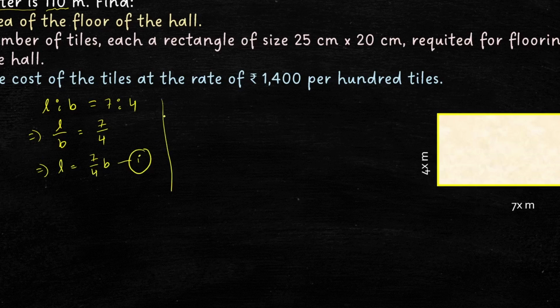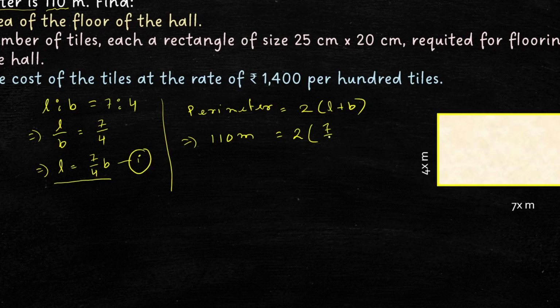Now again, the perimeter is given. Perimeter is equal to 2 times (L plus B), and the perimeter is given as 110 meters, so 110 is equal to 2 times (L plus B). In place of L, we put 7/4 B, plus B. So you can simplify this. 110 is equal to 2 into (7B plus 4B) over 4, where 4 is the LCM.